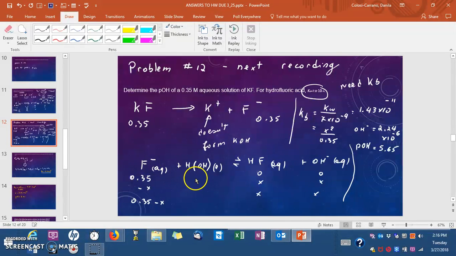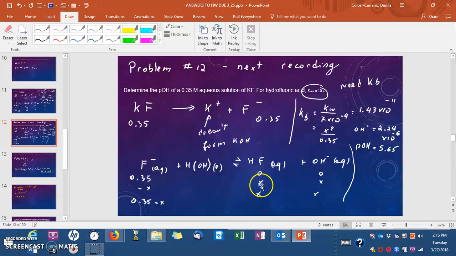So you have F minus plus the HOH. You know that F minus is willing to take aboard some H because even if it forms the acid, it doesn't dissolve completely, it's a weak acid. So there's always going to be some HF formed.